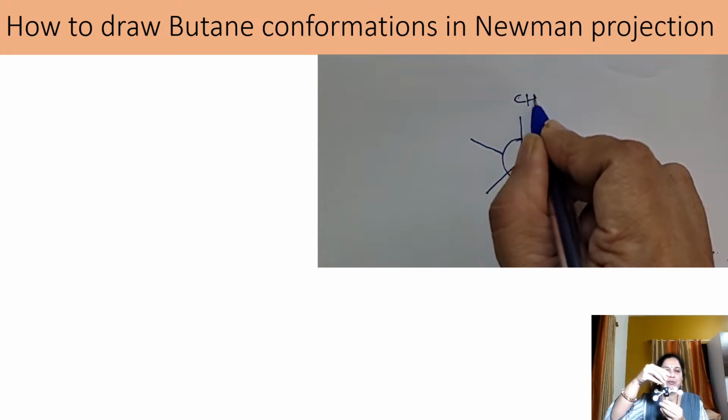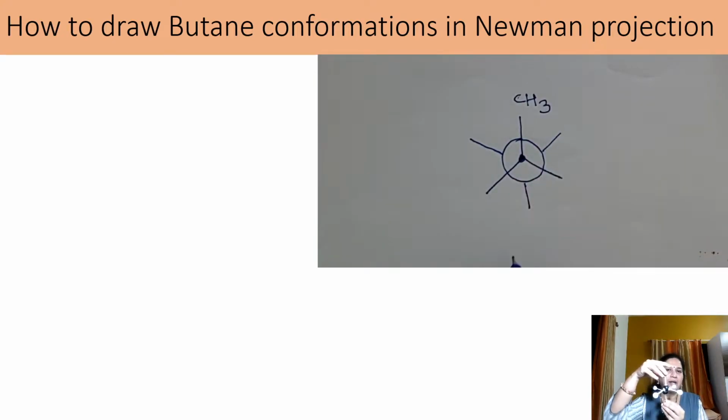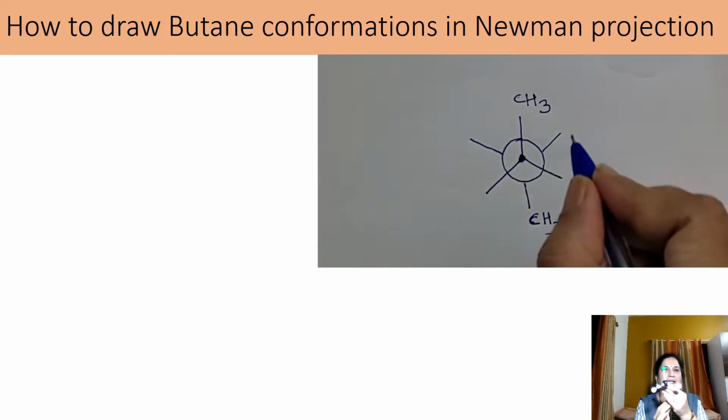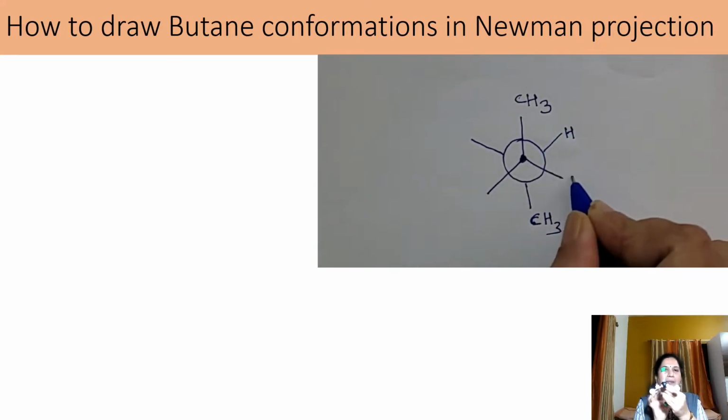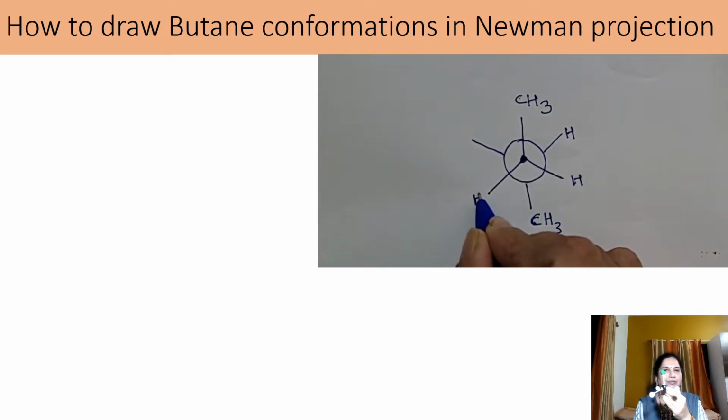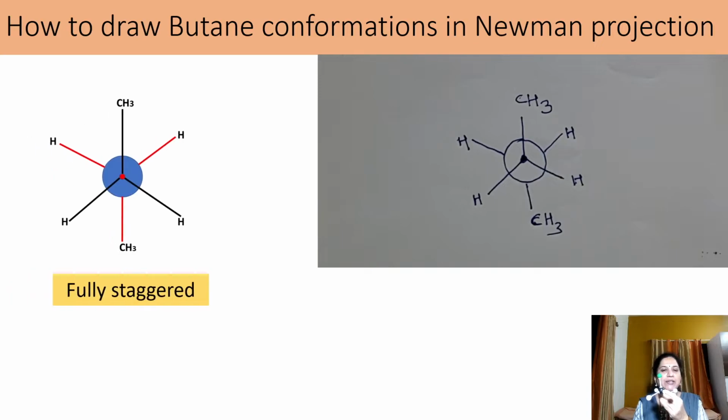Now just watch the positions of the methyl group. The front carbon methyl group is here and the back carbon methyl group is exactly opposite to it, and the remaining bonds are of hydrogen. So you can show it like this. This structure is called the fully staggered structure.